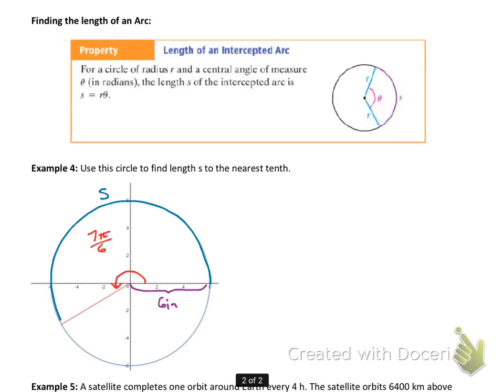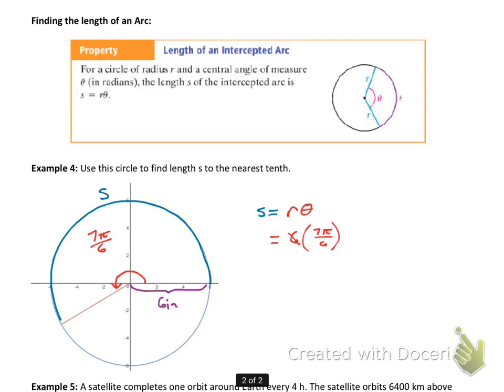If we want to use that formula, s is going to equal the radius times theta. They give us the radius. They told us it was 6. Theta is given by the angle, which was 7 pi over 6.